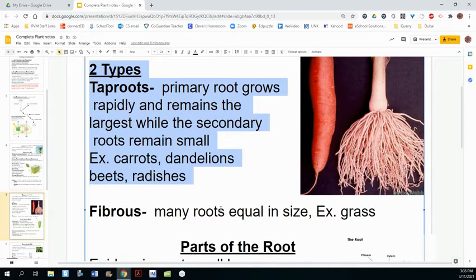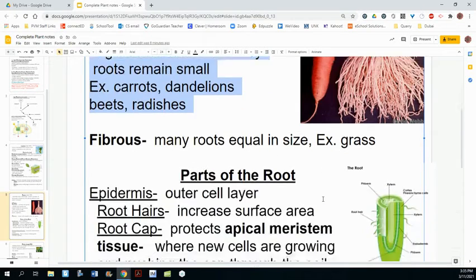And then you have fibrous roots, and onions have a fibrous root system. Garlic does. So do scallions, and grass does too. When you pull up a clump of grass and it's got all those roots, that's a fibrous root system.